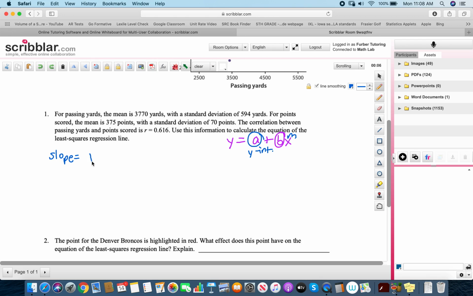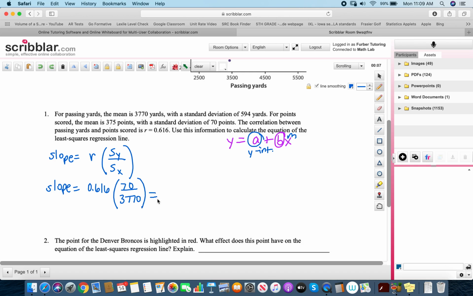Remember that the formula is we take the correlation factor and then we multiply it by the standard deviation of the y variable divided by the standard deviation of the x variable. So if I plug that in, it's going to look like this. And then we're going to divide the standard deviation of the y, which remember the y is the points, divided by the yards.